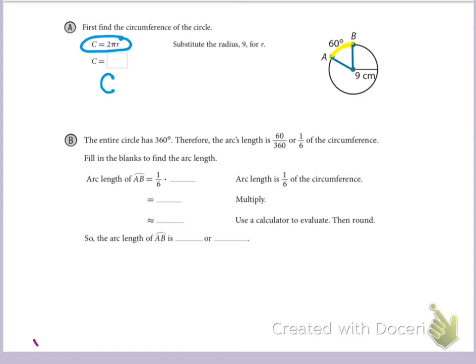So the circumference would be 2 times pi times the radius, which is 9. 2 times 9 is 18, so 18 pi, or approximately 56.55 centimeters to go all the way around.